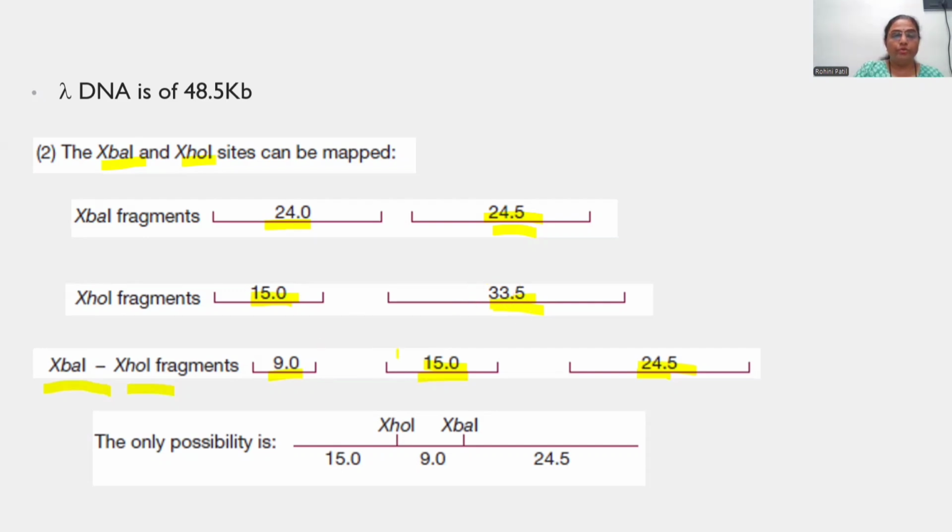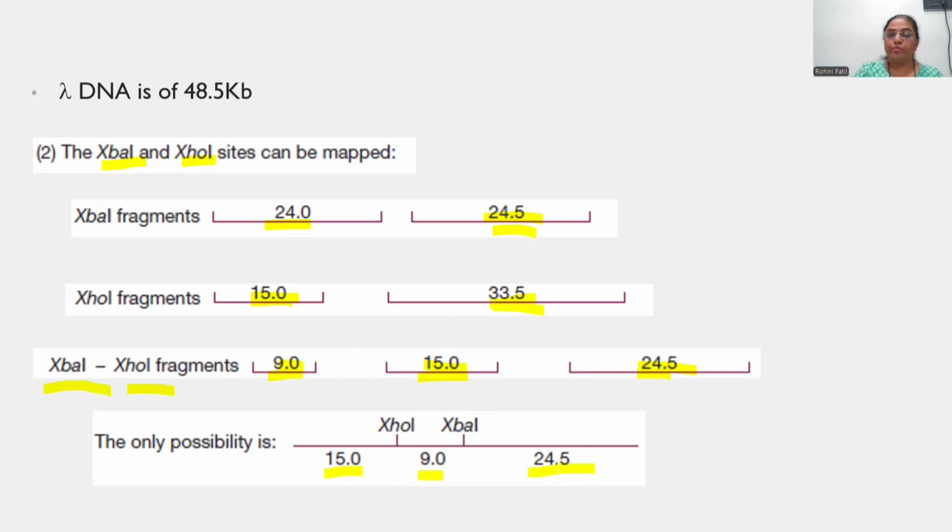When you add the 9 kb with the 24.5 kb, you get 33.5 kb, and when you add the 15 kb with the 9 kb, you get 24 kb. So you have to arrange it in such a way that it is 15 kb, then 9 kb, and then the 24.5 kb fragment.